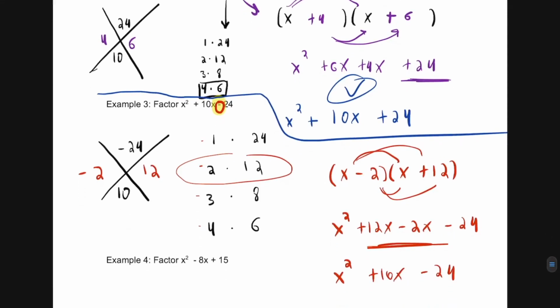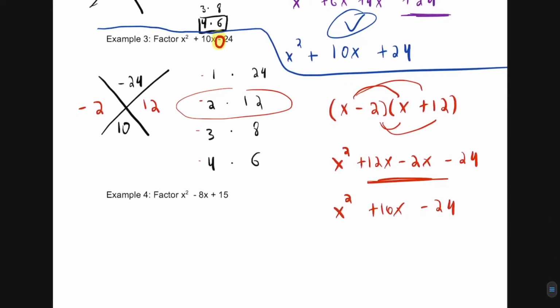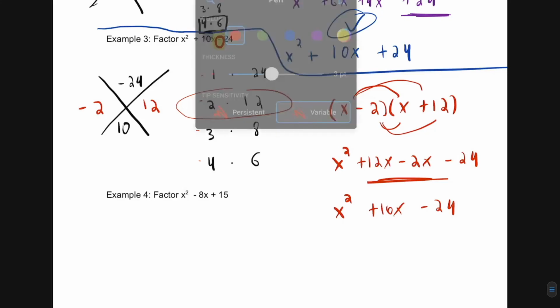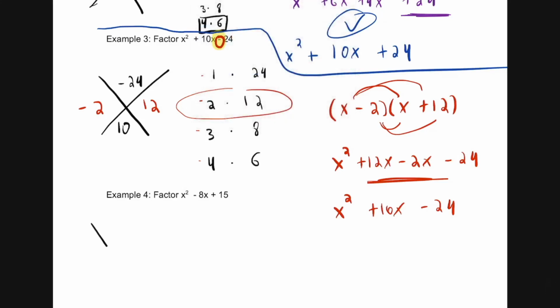Okay. Now the last one, the one that is usually the trickiest for people. This one sneaks up on you. If I need two numbers that multiply to make positive 15, but add to make negative 8. This is the one that's really tricky to see the first time.